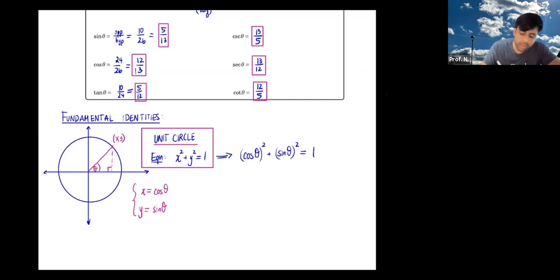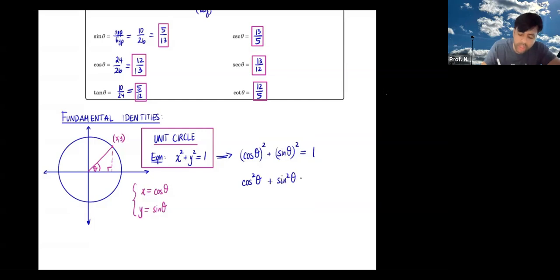As for notation, we're not going to write cosine theta in parentheses squared. That was just me substituting in the values directly. The proper, conventional notation for squaring a trig function is to put the squared in between cosine and theta, and you do the same thing for sine.